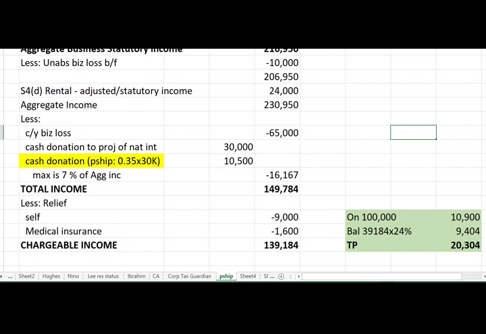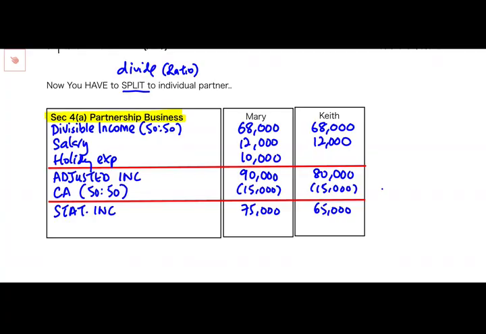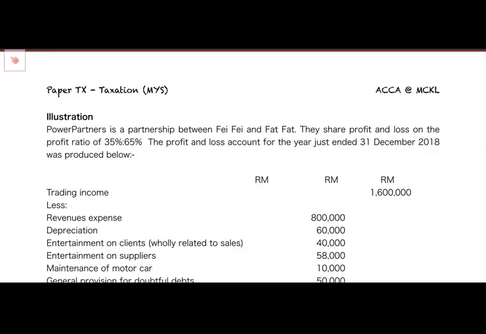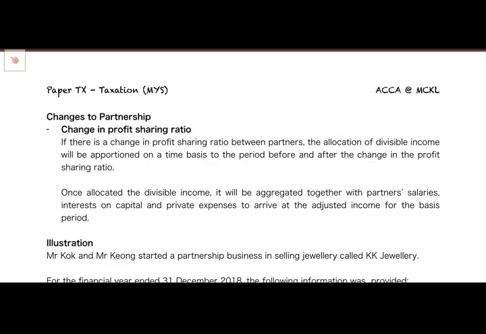Okay, now let's look at the other page now, 244. Okay guys, now in 244 we're going to deal with this thing called change in partnership. Okay? Okay, in what way that we can have changes to partnership?